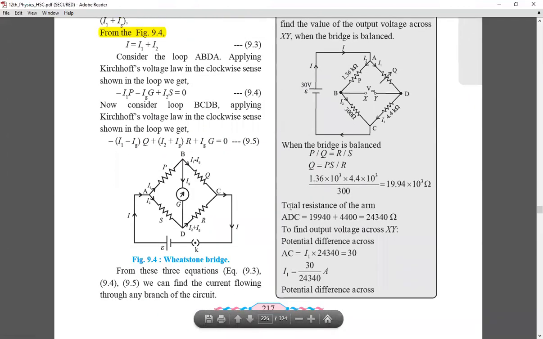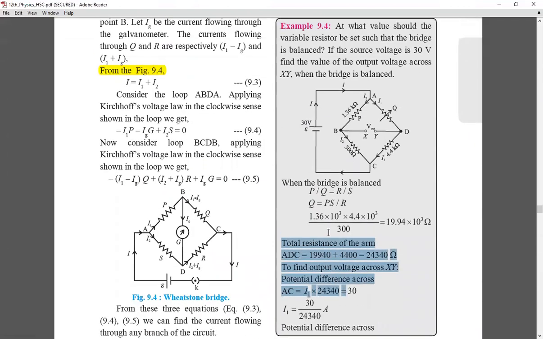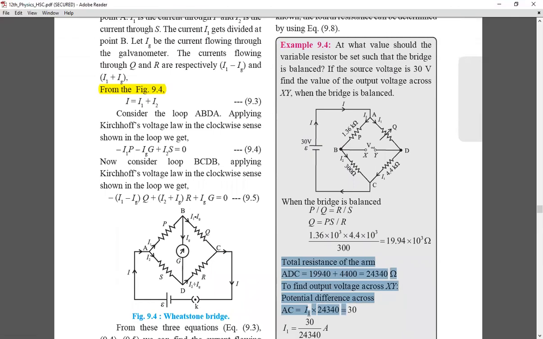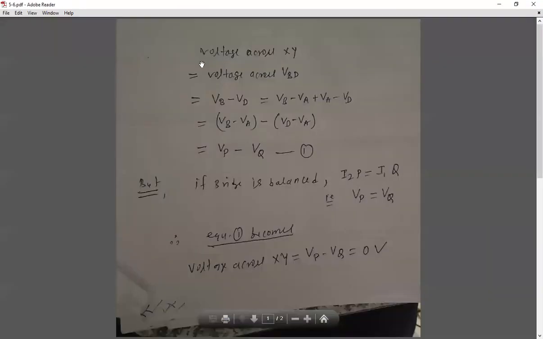In the problem it is solved and shown with a solution, but the way it is solved is a long way. I have a shortcut way, let me show you. Voltage across XY means voltage across BD.